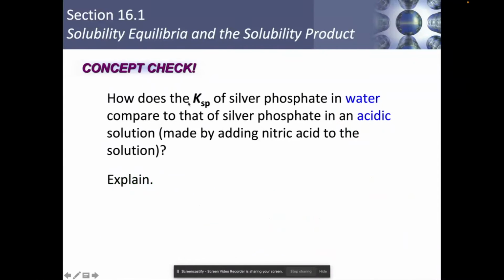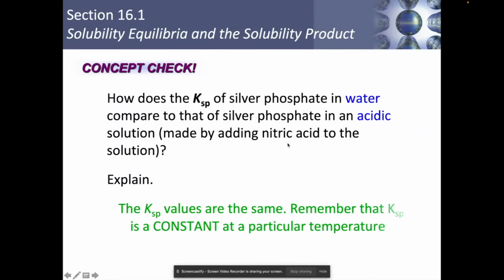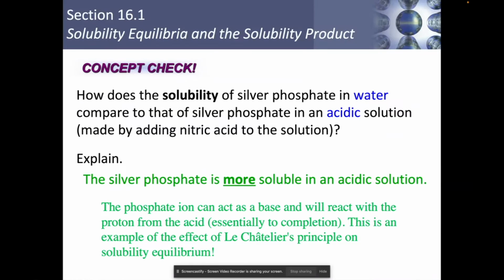All right, how does the Ksp of silver phosphate in water compare to that of silver phosphate in an acidic solution? Now, you might think, wait, we just said that. Well, actually, you know what? I'm going to go back to the previous slide. Why not? Solubility is the X that we were solving for, right?